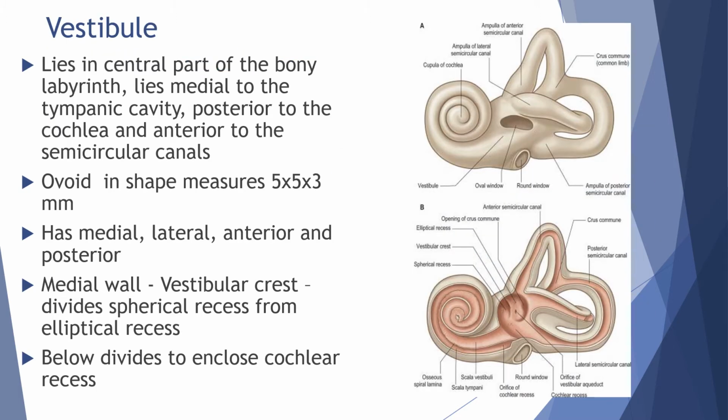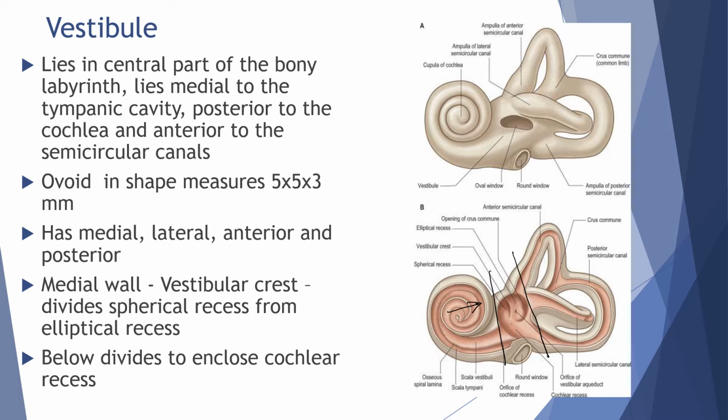So what is the vestibule? It lies in the central part of the bony labyrinth, medial to the tympanic cavity, posterior to the cochlea and anterior to the semicircular canals. So here you can see this portion is the vestibule, which lies anterior to the cochlea in front, posterior to the semicircular canals.